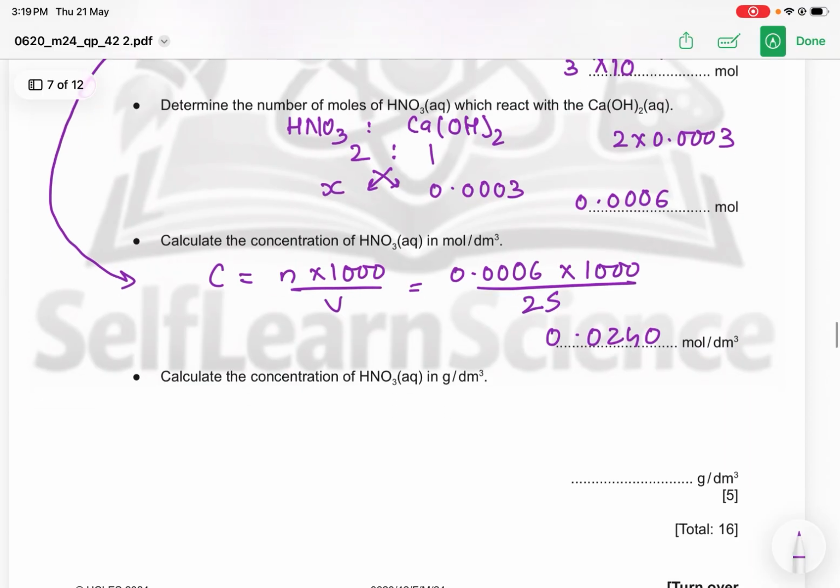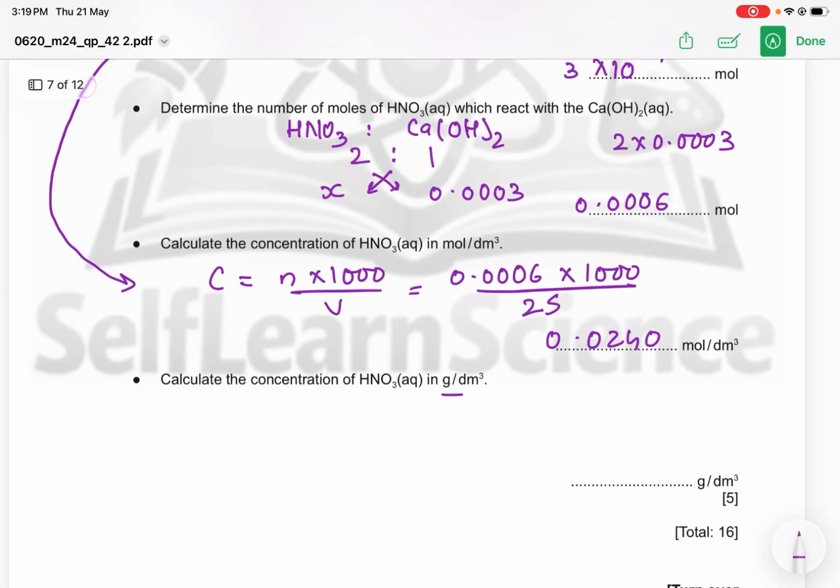Now, lastly, we have to find the concentration in grams per dm cube. So the concentration which we have found in moles per dm cube, we have to multiply it with Mr of nitric acid.